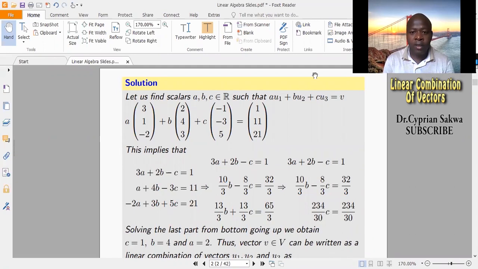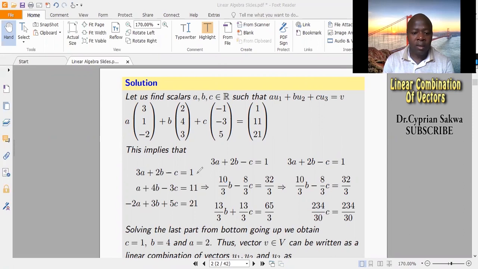From the definition of linear combination, we want to see whether A times U1 plus B times U2 plus C times U3 gives us V. These are matrices, so we now have to multiply scalars by matrices. So this will be 3A plus 2B minus C equals 1.